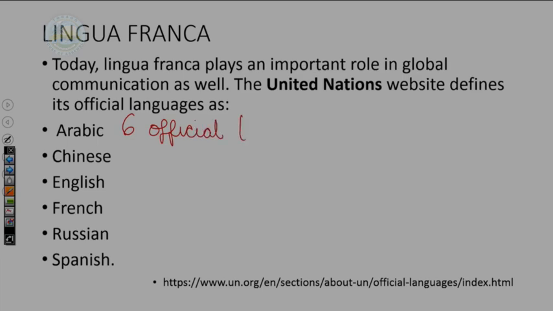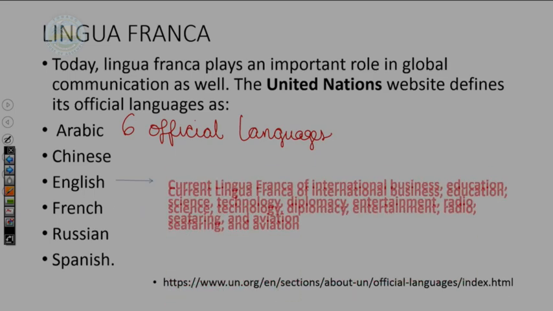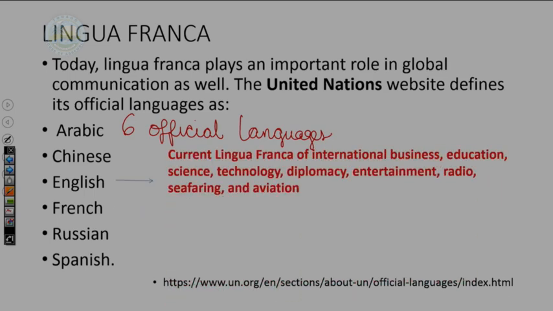But I want us to understand something here. While there are 6 official languages, English is the current lingua franca of international business, education, science, technology, diplomacy, entertainment, radio, seafaring, and aviation. English is the current lingua franca for all of these.